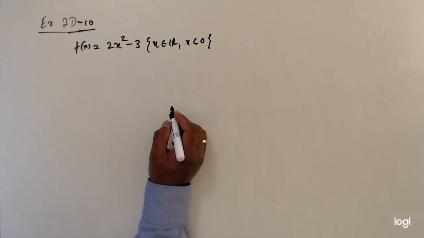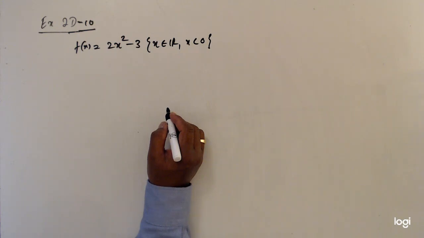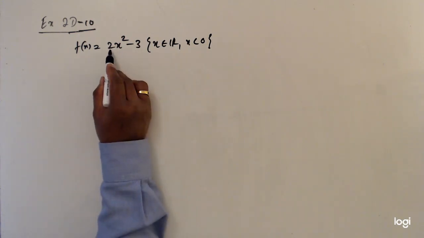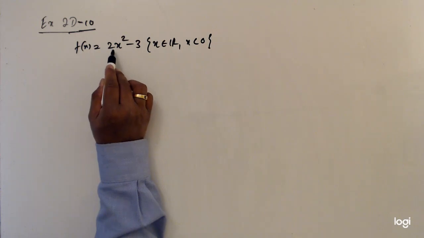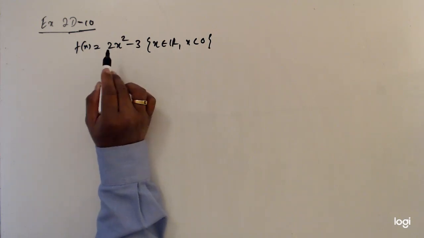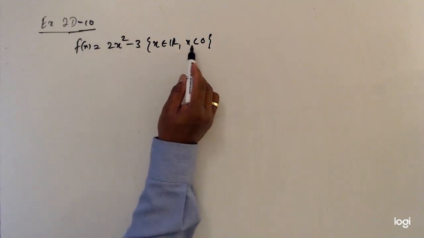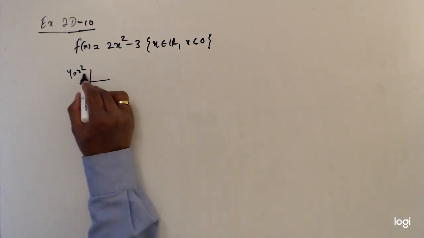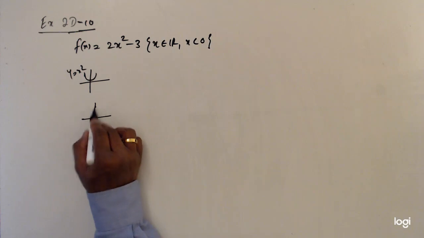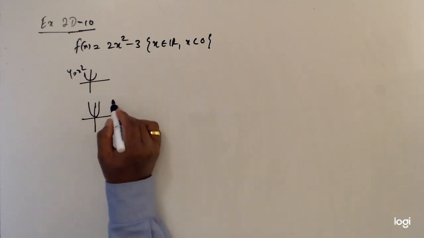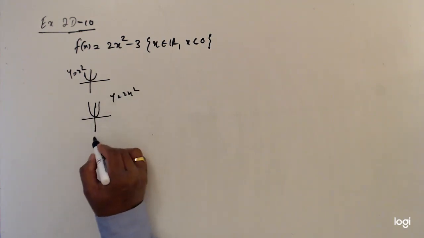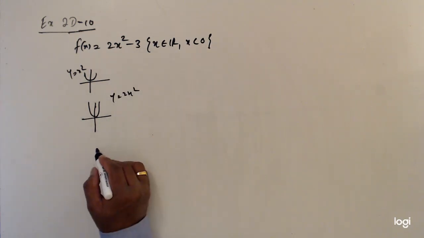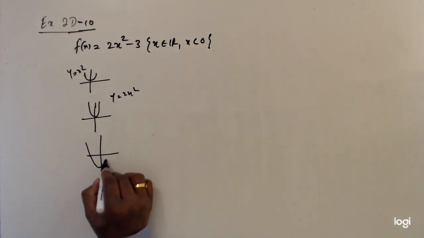Question number 10. We need to find the inverse function. Now you can see that this is a quadratic function, a 2 to 1 function. To find the inverse, they restricted the domain to x less than 0. Basically, this is y equals x squared, then y equals 2x squared, and then you bring minus 3 down, something like this.